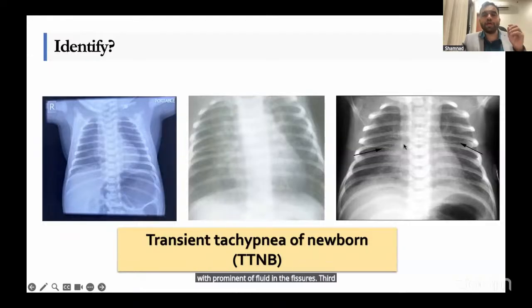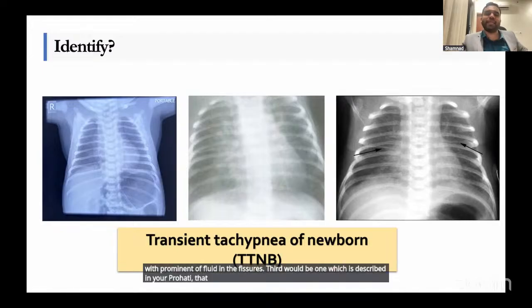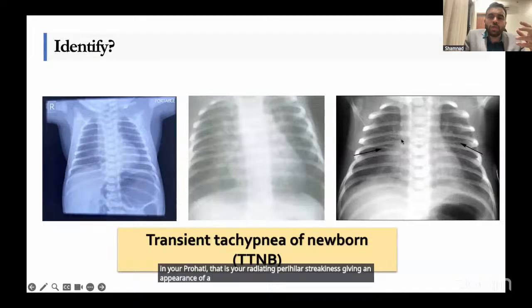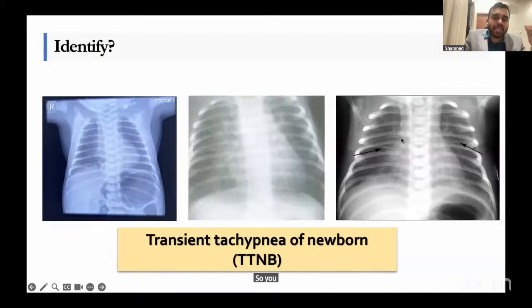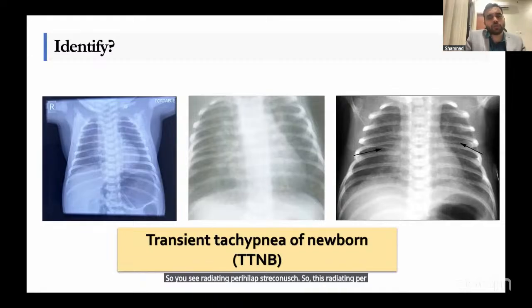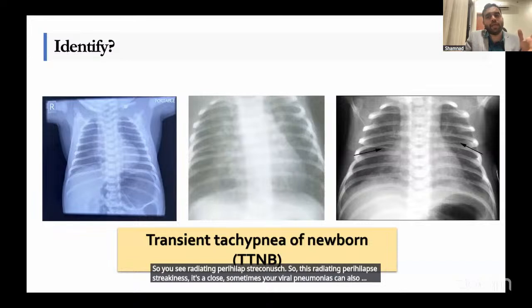Third would be the one which is described in your books, that is radiating perihilar streakiness, giving an appearance of a sunburst. Okay, so you see radiating perihilar streakiness. It's a close mimic. Sometimes your viral pneumonias can also present like radiating perihilar streakiness.